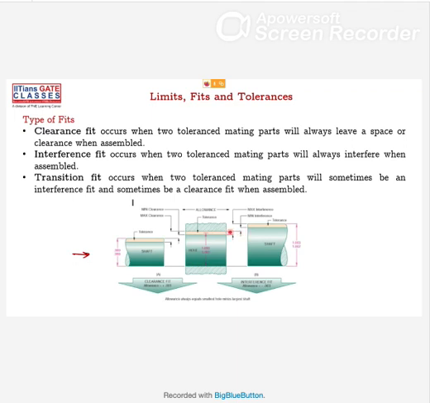Even though you manufacture the lower limit of shaft and the upper limit of the hole, the shaft will not go inside the hole. Obviously shaft and hole are not going to fit each other. There is interference between hole and shaft, that is called interference fit. You are going to ask, sir, how are they going to get fitted? If the hole dimension is very small and the shaft dimension is very high, how are they going to fit? Anyone?